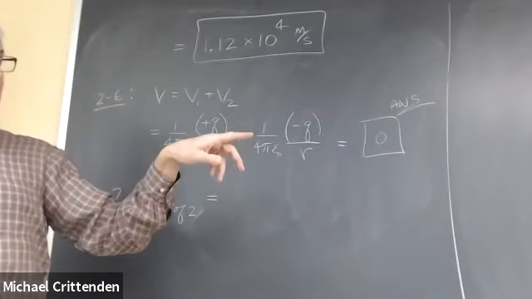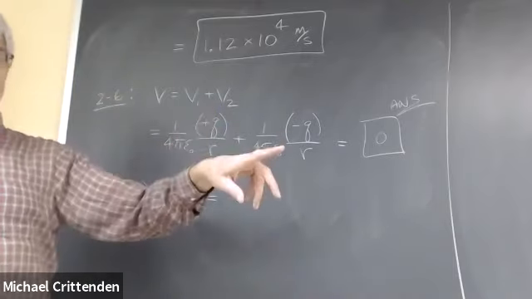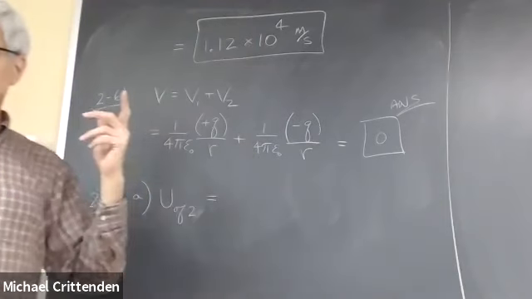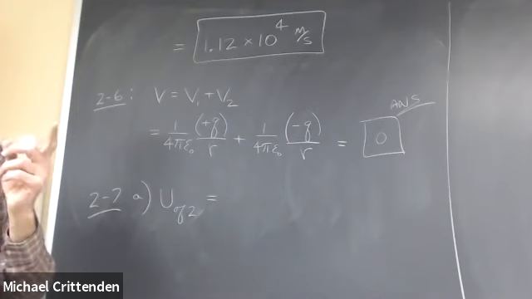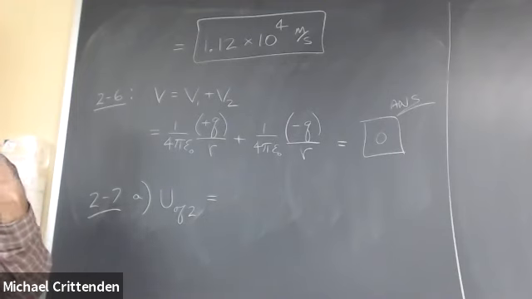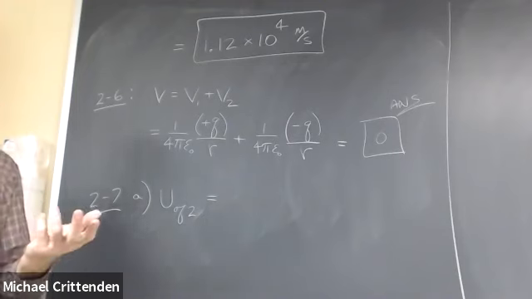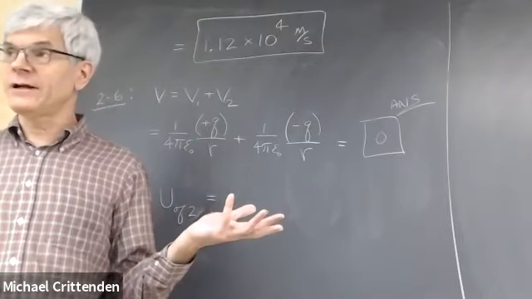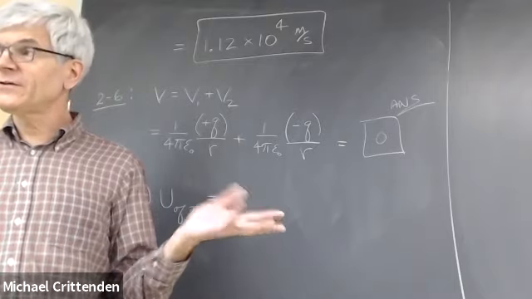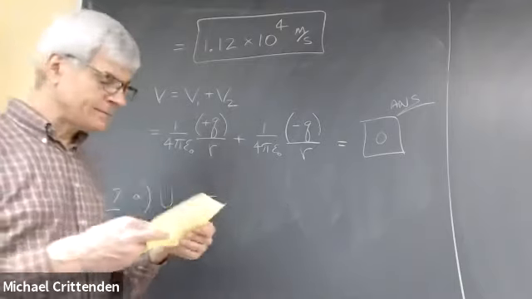As you go dragging that mass away from the others, how much work do you have to do against the field of the 1 kilogram? How much work do you have to do against the field of the 3 kilograms? How much work do you have to do against the field of the 4 kilograms? With all of them present at once, add those things together.